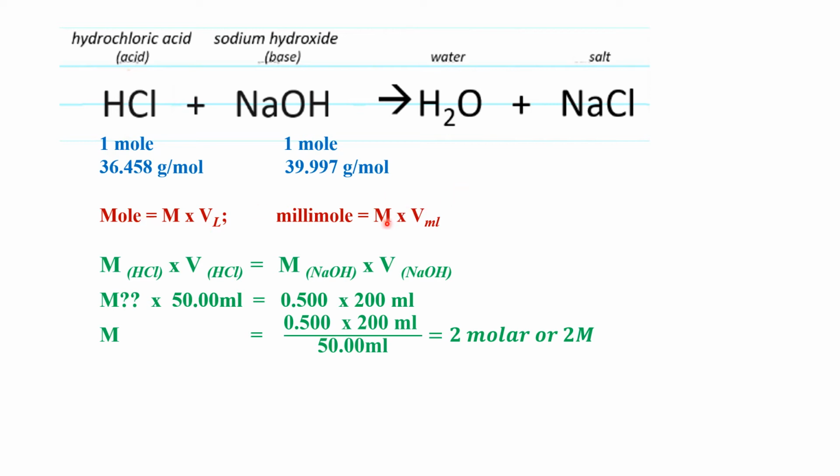Now, if I multiply molarity times volume in milliliter, I will get millimole. Okay, so this is the relationship. If I multiply molarity and volume of HCl, I will get millimole of HCl that reacted. If I multiply molarity times volume of the base, I will get millimole of the base that reacted.